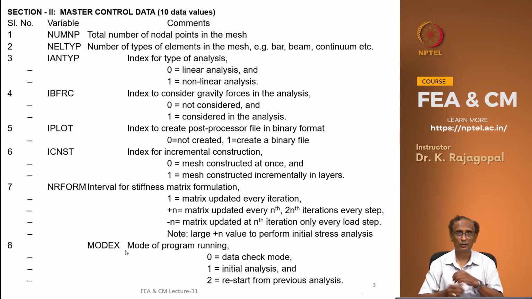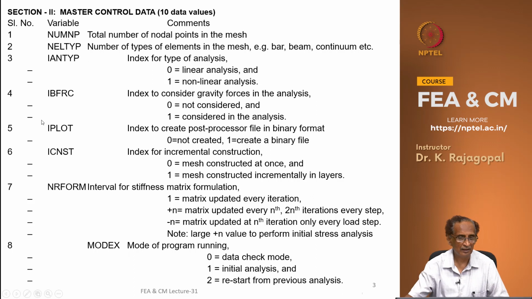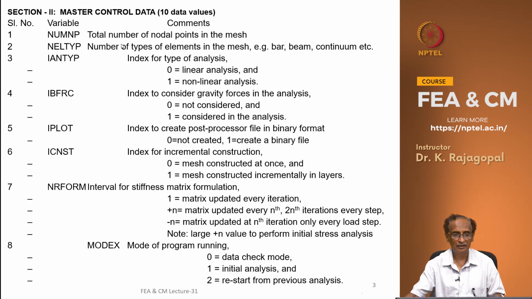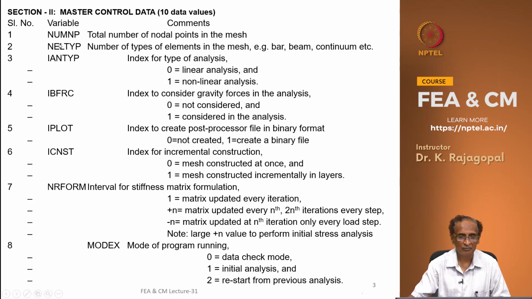Before we go in, I just want to highlight some data that we give for the GeoFM program. This is called the master control data. This comes on the second line. The first line is the title of the work that you are doing, and this is the second line. It has very important data.